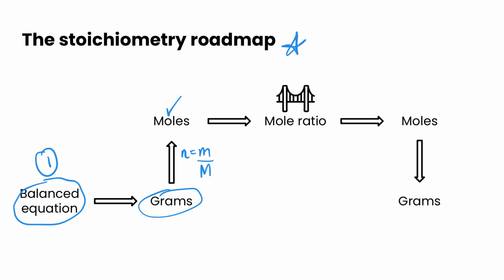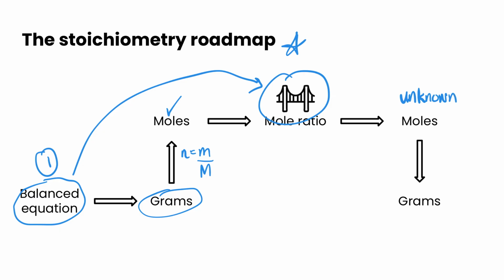Once we have that, we can use our balanced chemical equation to come up with our mole ratio to find the moles of our unknown substance, which we can then convert back into grams using mass is moles times molar mass. So if you follow this roadmap for every single grams to grams stoichiometry problem, you should always come out with the correct answer.